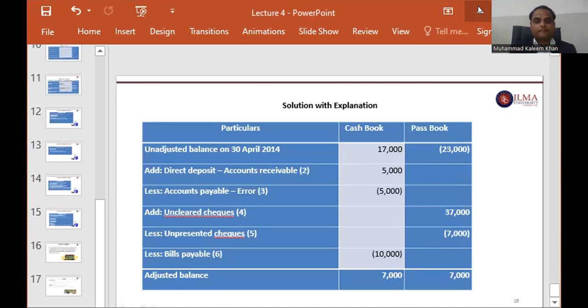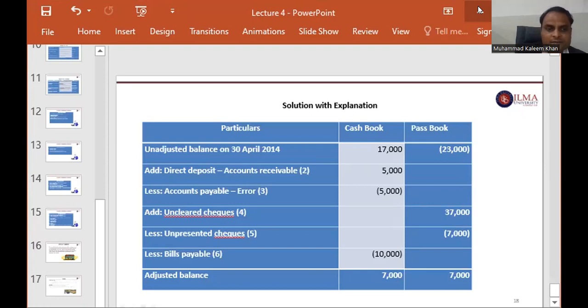Number one, the bank account is an asset of the company. Assets are normally debit balance. The cash book shows that the bank account has a debit balance. It means it is positive. Rupees 17,000 is a positive amount. For banks, a customer account is a liability and a liability has a credit balance. Here the bank statement shows a debit balance, which means a negative balance of rupees 23,000, so it is written in brackets.